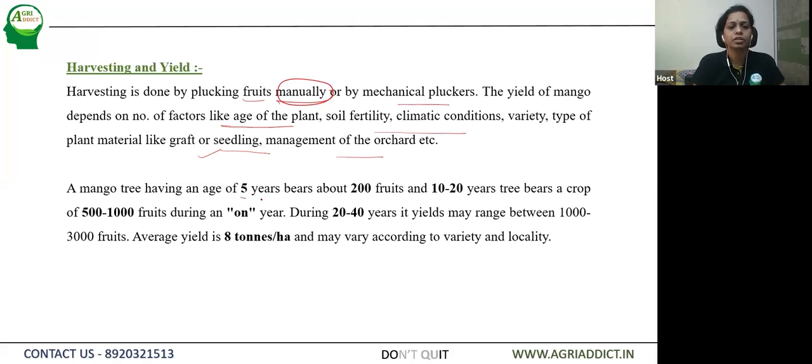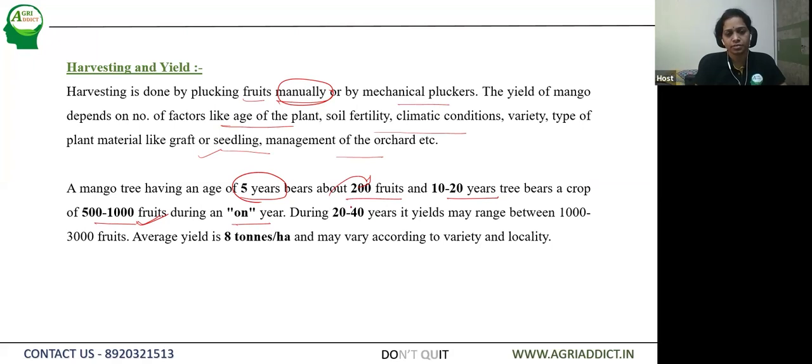An average 5-year-old tree gives around 200 fruits. Depending upon the age, at 10 to 20 years each tree can bear 500 to 1000 fruits. In the initial years it can bear below 200 fruits, but at the commercial stage, about 500 to 1000 fruits per tree, which we call commercial production, is reached after 6 years or so.